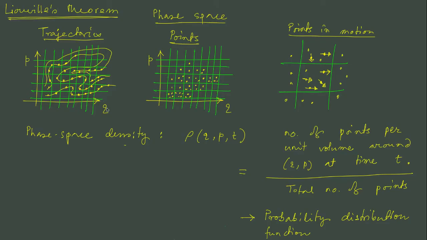Let's say we have a simple 1D system for which we have one generalized coordinate and one generalized momentum. In this phase space, the yellow lines show the trajectory along which a particle moves. Now we consider an ensemble of particles, many particles.